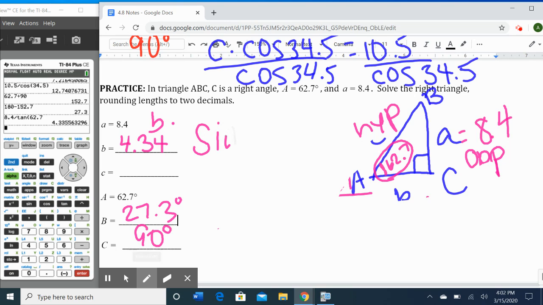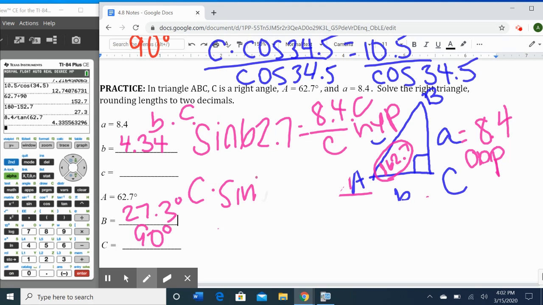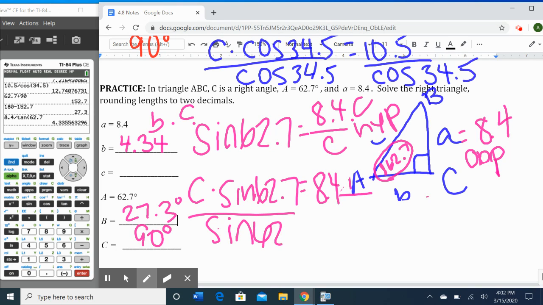So I'm going to say the sine of 62.7 is equal to 8.4 over C. Then I'm going to multiply both sides by C. C times sine of 62.7 is equal to 8.4. Divide by the sine of 62.7.